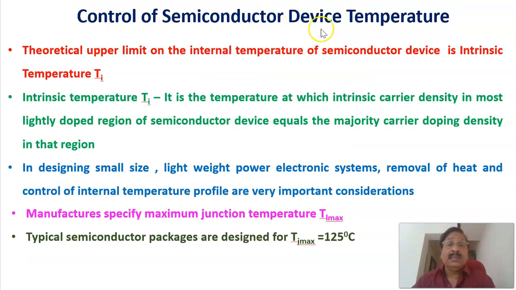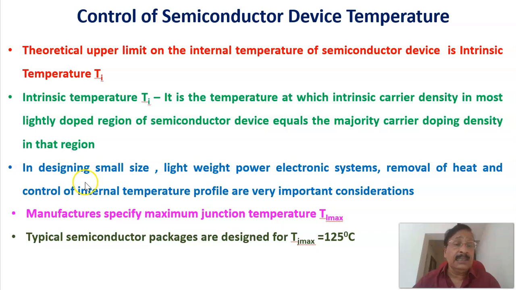Control of semiconductor device temperature. The theoretical upper limit on the internal temperature of a semiconductor device is the intrinsic temperature Ti. The intrinsic temperature Ti is the temperature at which the intrinsic carrier density in the most lightly doped region of the semiconductor device equals the majority carrier doping density in that region. That we call the intrinsic temperature Ti.